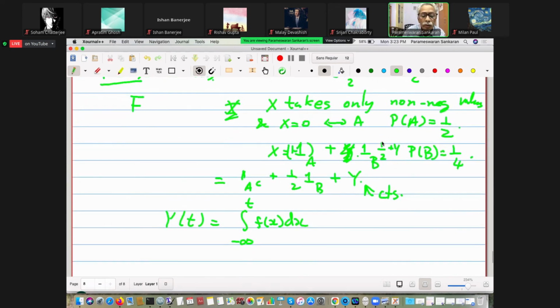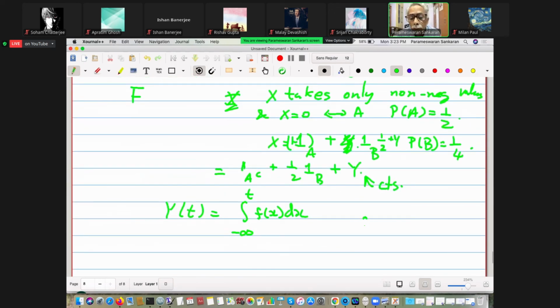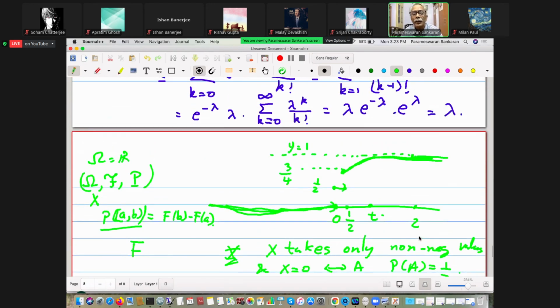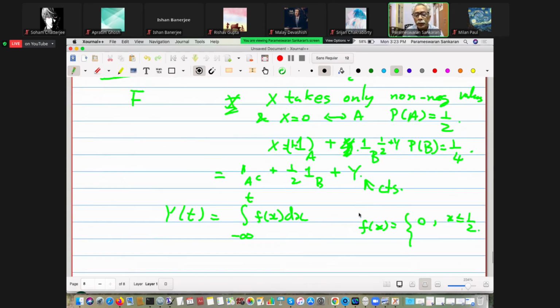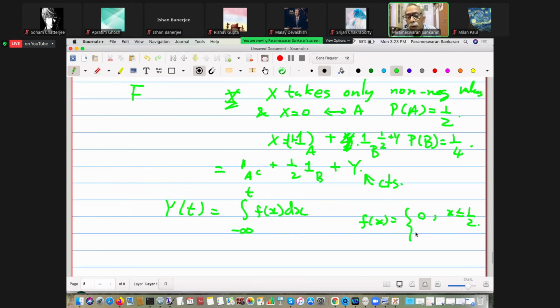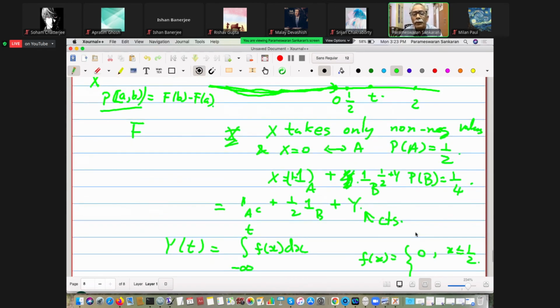And what is this f of x doing? F of x is 0 if x is less than or equal to half, and then it is some function. Okay, so if you assume that this is a smooth function, you can just take it to be the derivative of this. So in other words, it can have a discontinuity, no problem. It is starting from here.